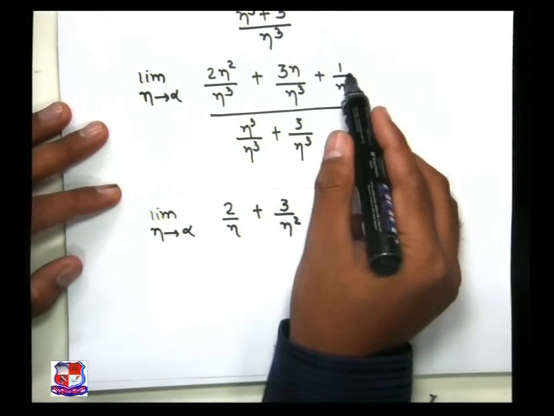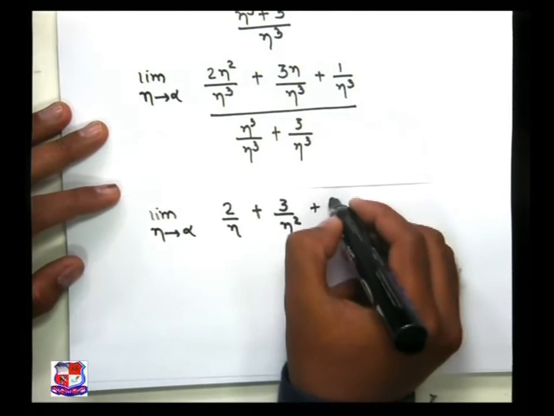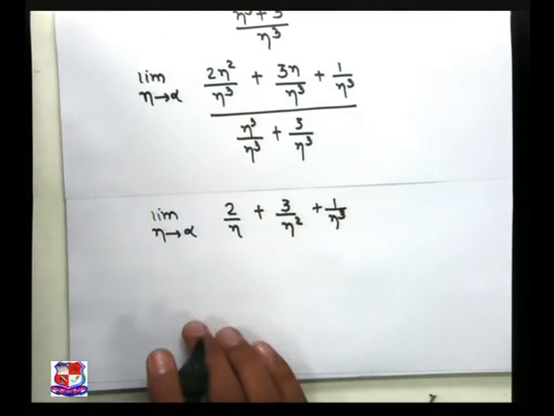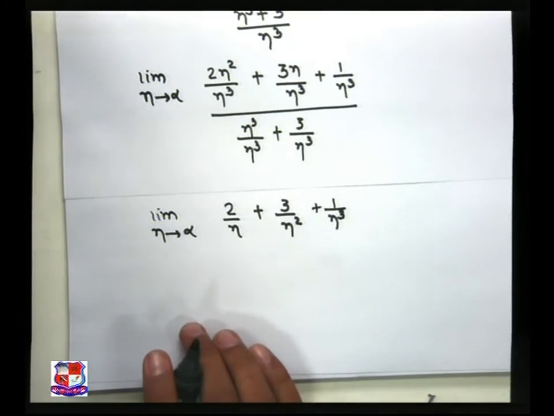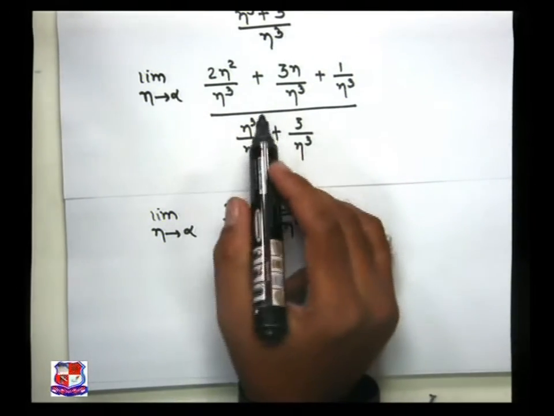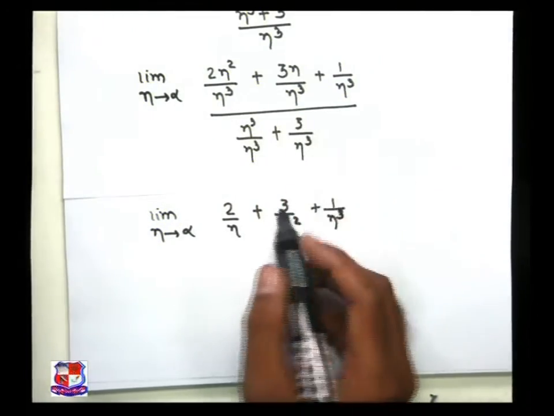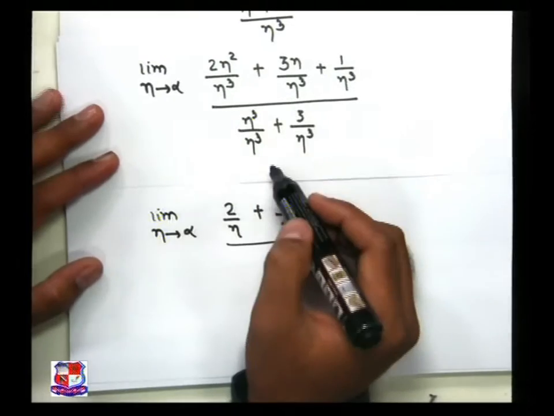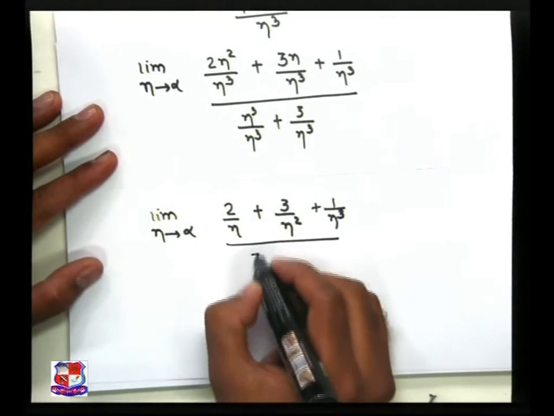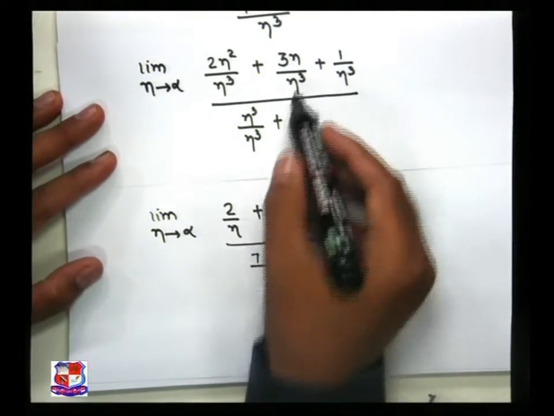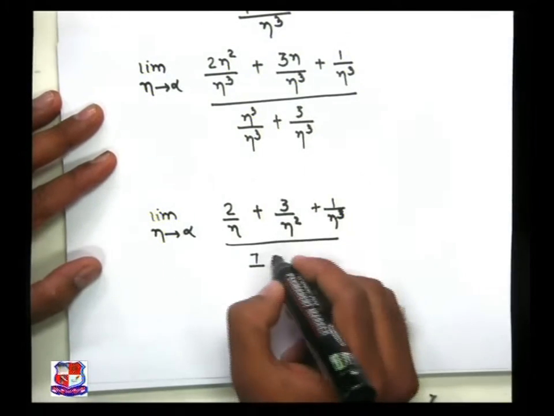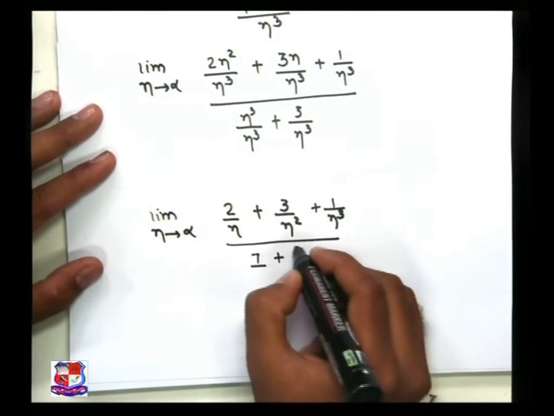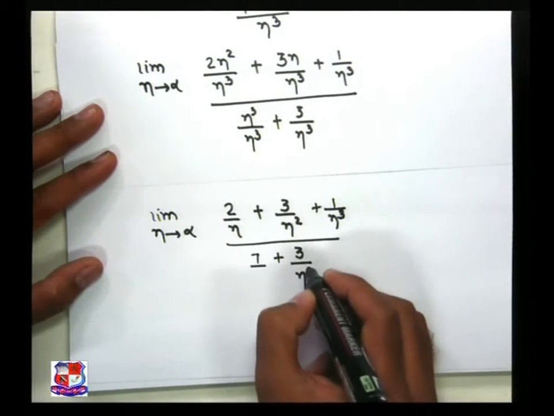Here we write 1 divided by n cube as it is. Next, solving the denominator: n cube divided by n cube gives 1, plus 3 divided by n cube.